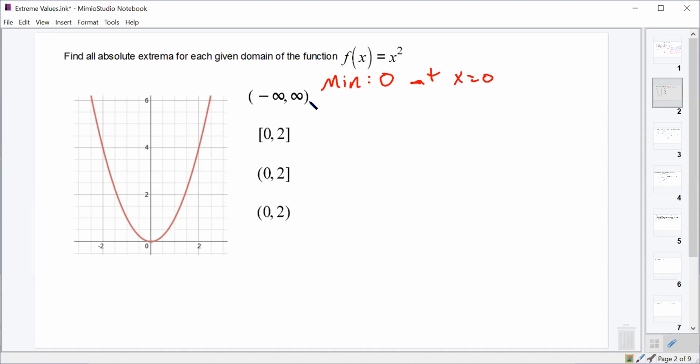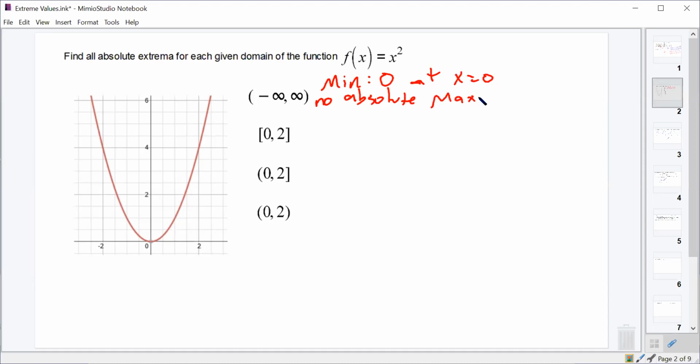And what about an absolute maximum on the interval from -infinity to infinity? So a max has to be a finite value, and since it's going up forever, we would say that there is no absolute max. We would not say that it is infinity. An absolute min or an absolute max has to be a finite number.